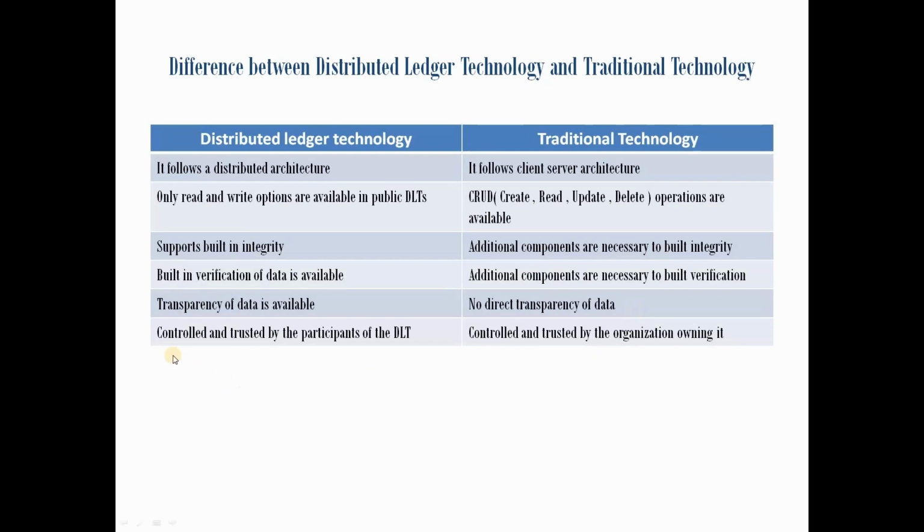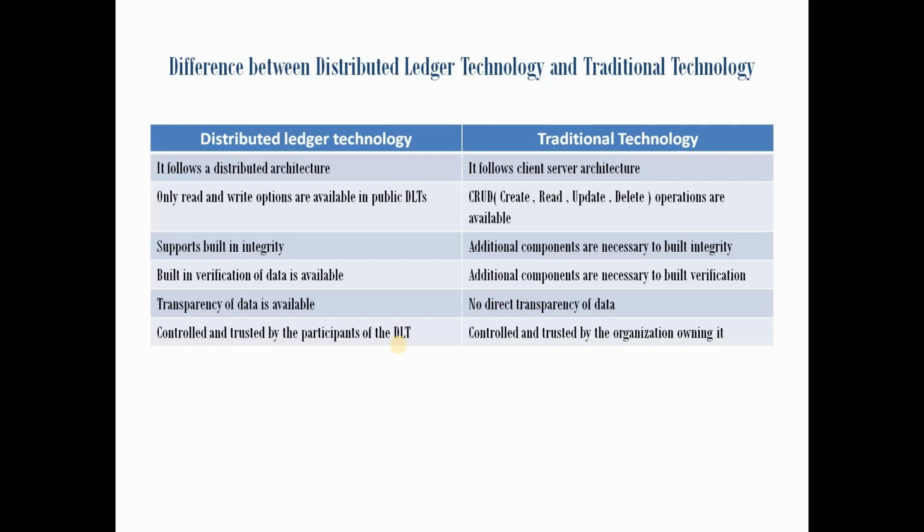Now, seeing the last point, controlled and trusted by the participants of the DLTs. Distributed ledger is controlled and trusted by the participants of the DLT, whereas in traditional technology, it is controlled and trusted by the organization owning it. So, what does it mean? Distributed ledger technologies are built by the system, so the control and trust of the data and information is with the participants.